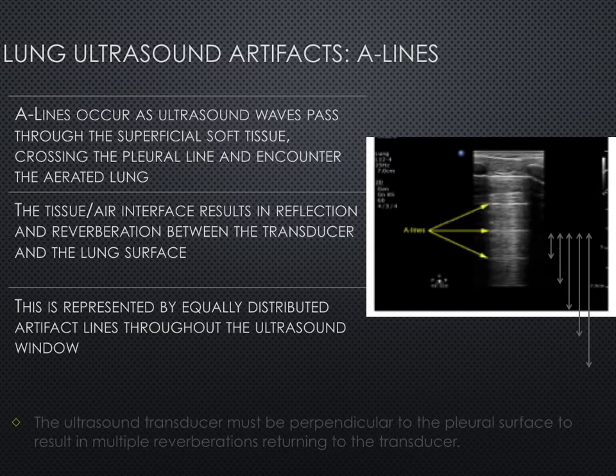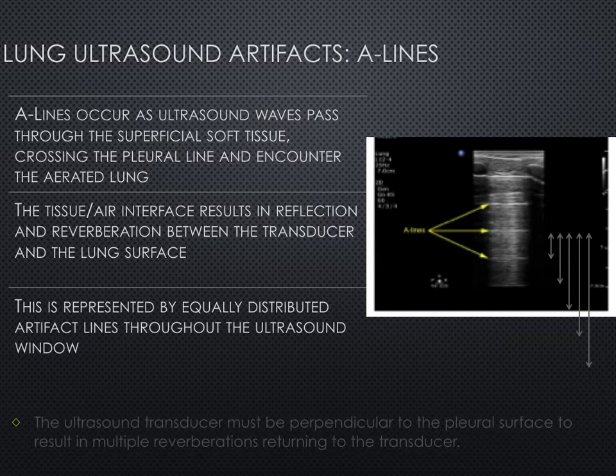Next thing that we should talk about here is our artifact patterns that are generated from these landmarks that we've been able to identify. So the first and probably most obvious would be an A line. A-lines are actually reverberation artifacts that are reverberating off of the only distinguishable feature that we're seeing within the lungs, which is the pleural line, which we talked about earlier.